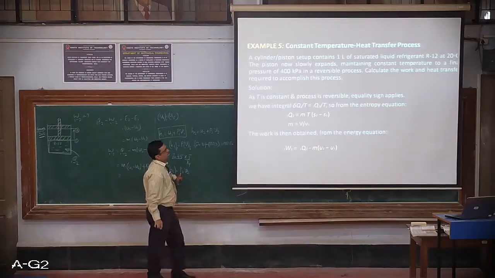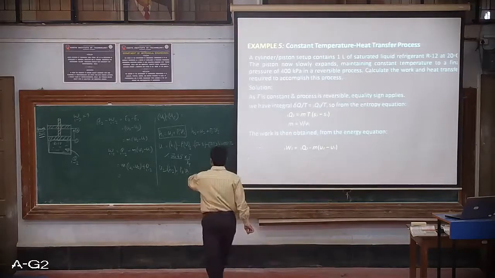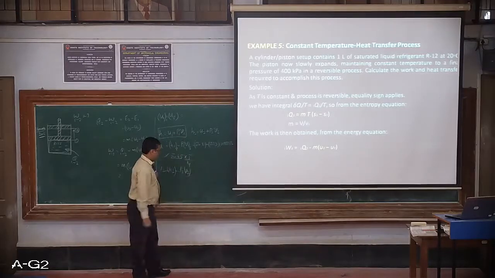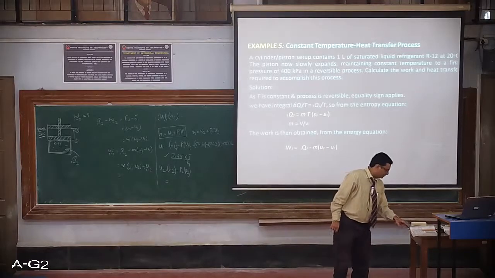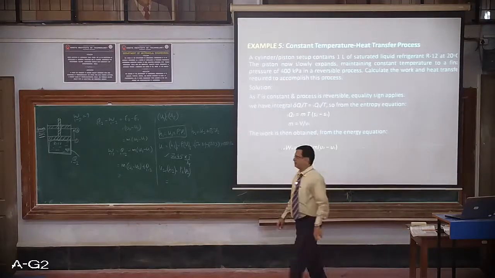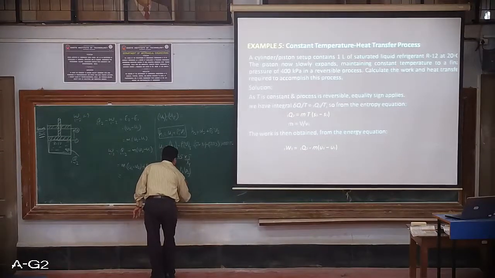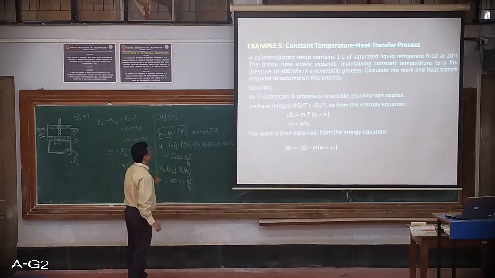Its corresponding pressure is already mentioned there as 400 kilopascal, and its corresponding specific volume again needs to be interpolated. So after calculating that, the final value is 180.57 kilojoule per kg.